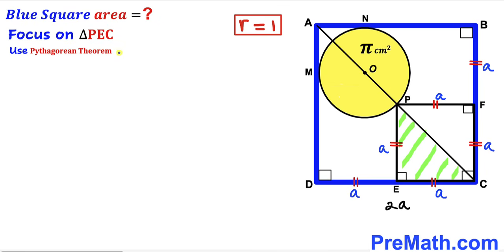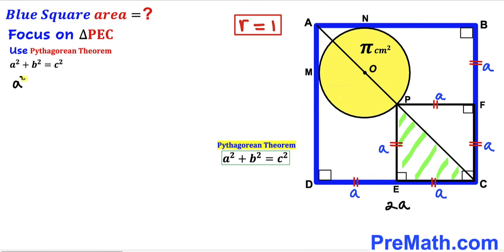And we are going to use the Pythagorean theorem on this triangle. Here's our Pythagorean theorem: a square plus b square equals c square. And in our case this PC is the hypotenuse, whereas these two segments lowercase a and lowercase a are our two other legs. Let's go ahead and fill in the blanks in this Pythagorean formula.